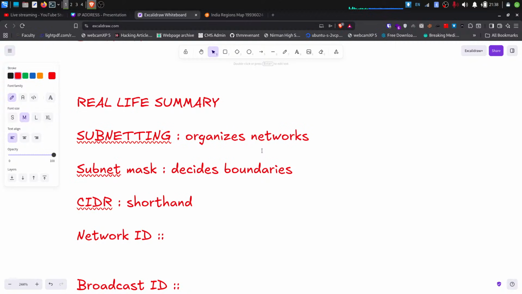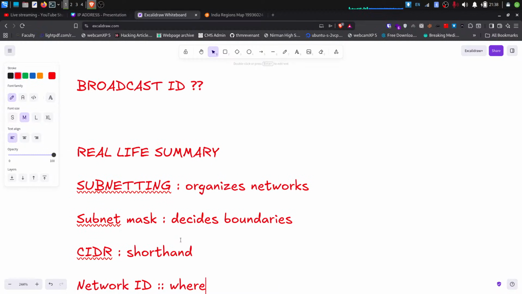Now, I'll quickly write down the short forms here to make you understand. Network ID. What is network ID? Network ID is basically the first address of a subnet, or we can say where the subnet starts.